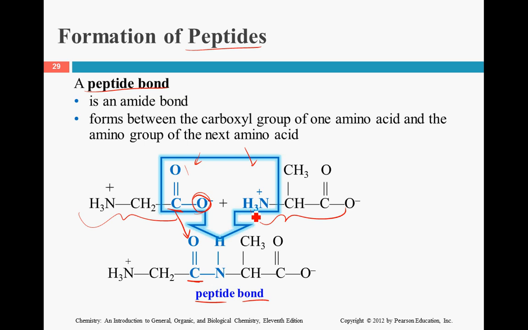On the right hand side, the amine has 3 hydrogens here. However, the nitrogen down here only has 1 hydrogen. It lost 2 of its hydrogens. So we've lost 2 hydrogens and 1 oxygen. So in the process of making this bond, of linking the carbon and nitrogen together, it's a dehydration reaction. We've taken out water and linked the two together.